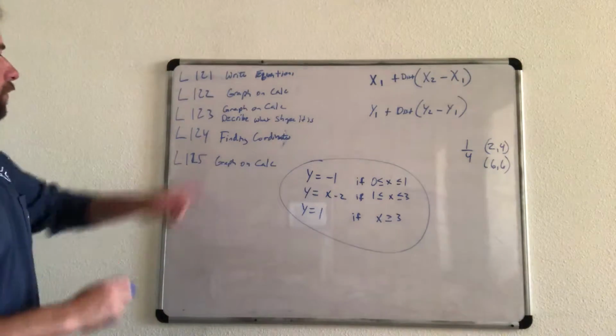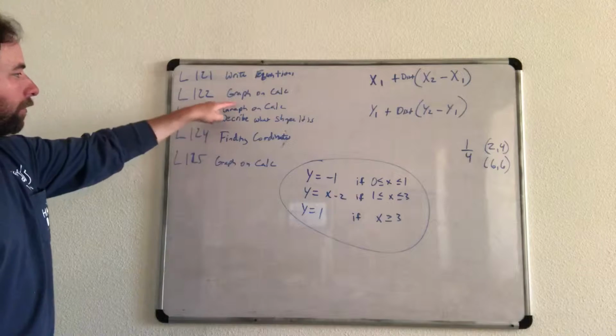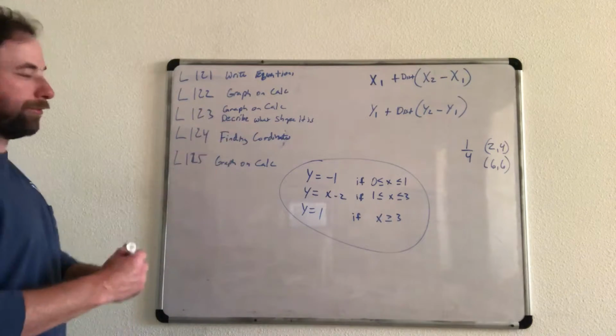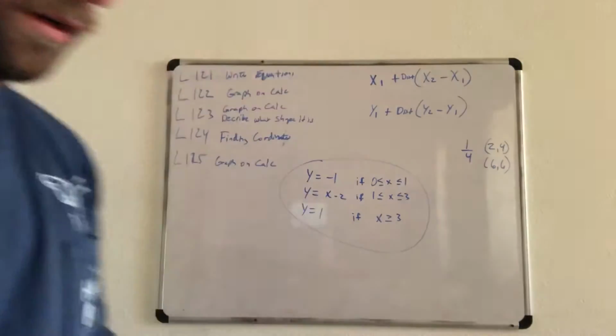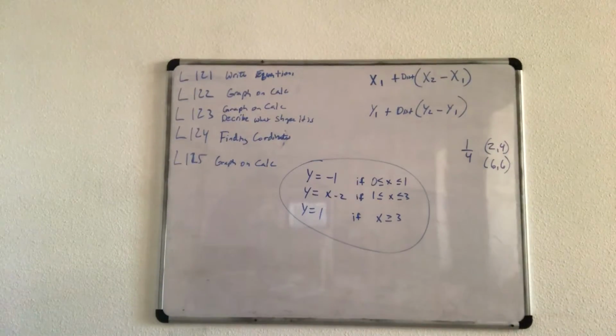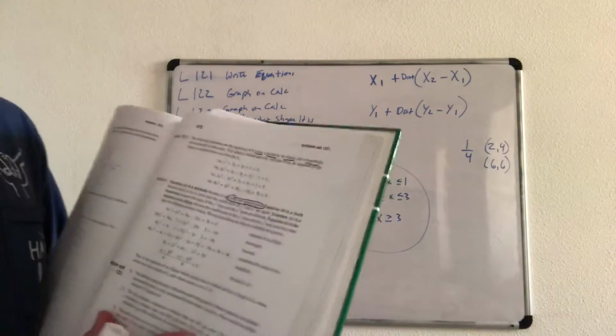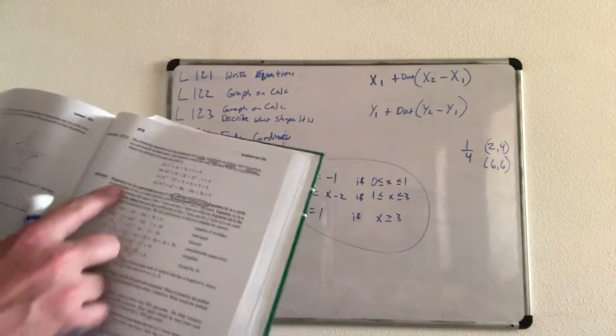It's cool. Lessons 122 and 123 are graphing on a calculator. Now there's one small thing that you're doing on lesson 123, and that is describing. They're going to say something like this. You'll probably see it in your lesson on lesson 125.